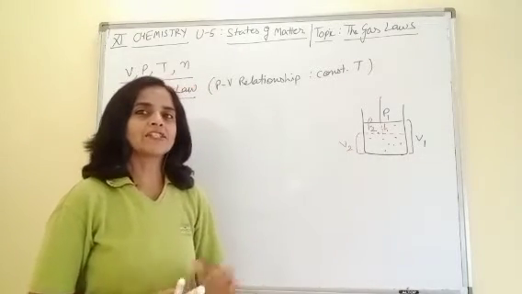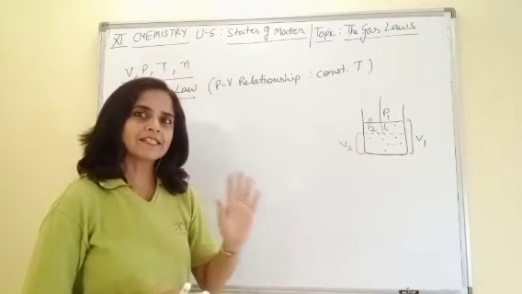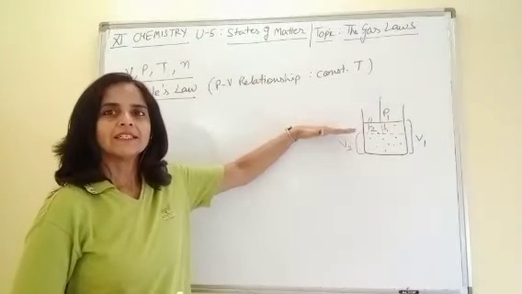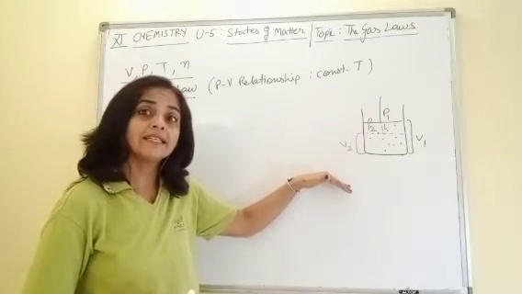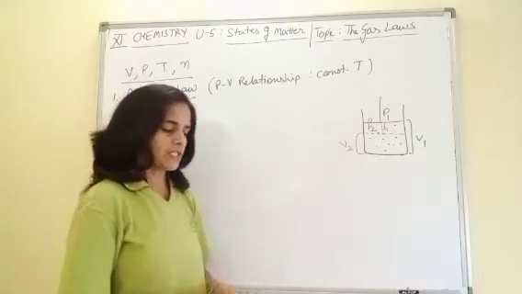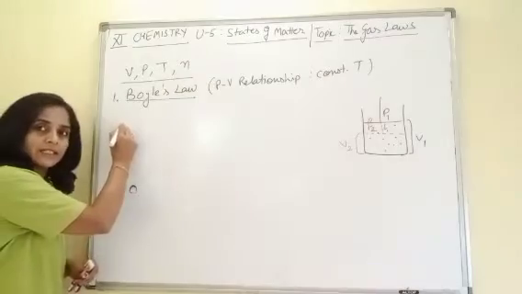So here the relation is coming between pressure and volume. Such a simple thing, no? When I start increasing pressure, the volume starts decreasing. It means we can say pressure and volume are inversely proportional to each other.